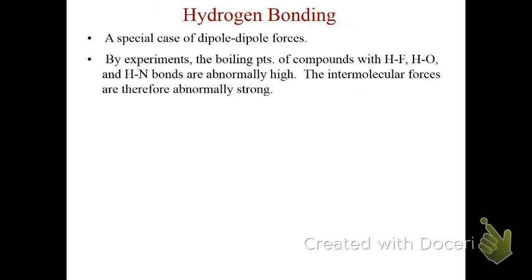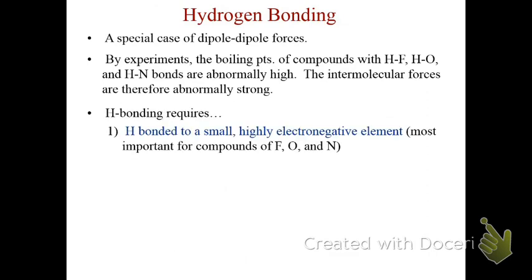Now, hydrogen bonding, which is the last of the four that we talk about, is basically a special case of dipole-dipole forces. What do I mean? When we look at the boiling points of different compounds, the hydrogen-fluorine bond, the hydrogen-oxygen bond, as well as the nitrogen-hydrogen bond, we see them as abnormally high, and that's because the hydrogen bonding force is so strong.